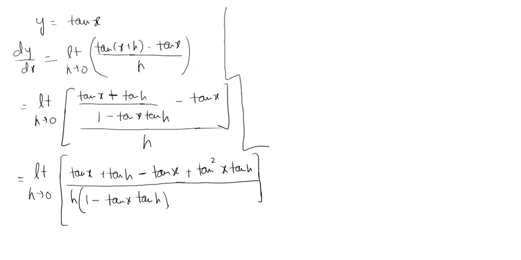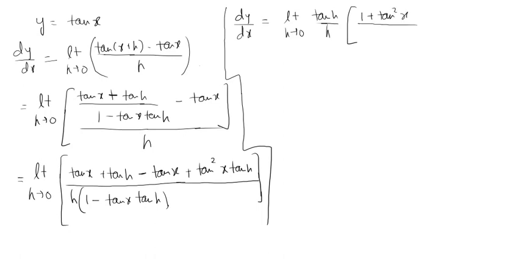Now this tan x will get cancelled and you have dy by dx as limit h tending towards 0 tan h by h into 1 plus tan square x upon 1 minus tan x into tan h.